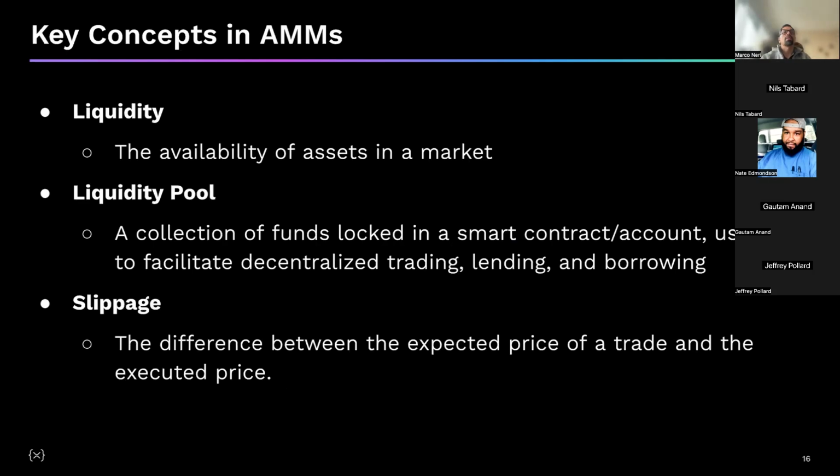The key components of the AMMs is definitely the creation of liquidity pools, which essentially is just funds that are locked in a smart contract that are the ones that the users, which is a different role, will be utilizing just to trade and to do other things in the case of money markets.